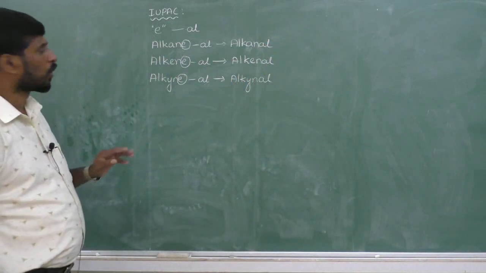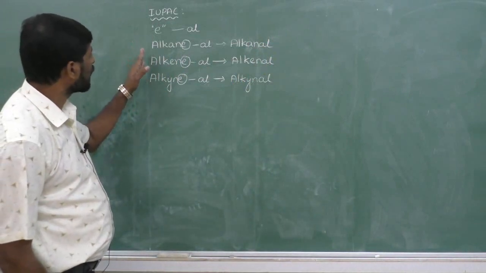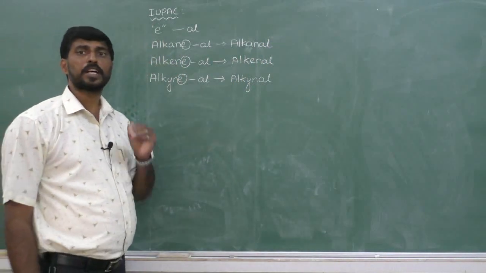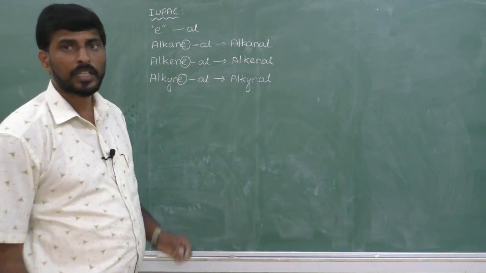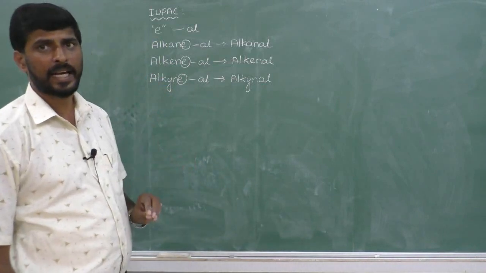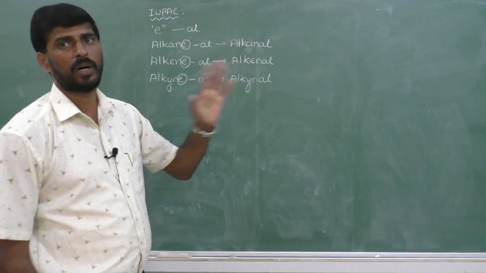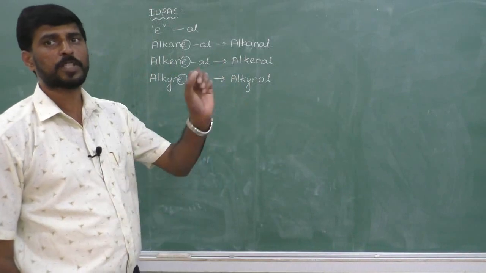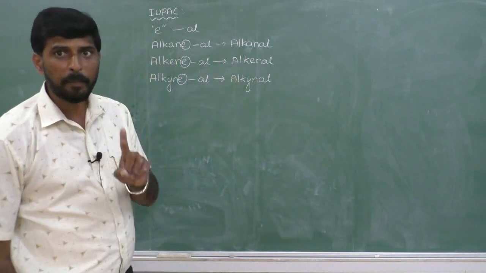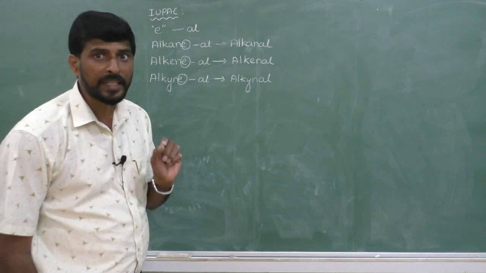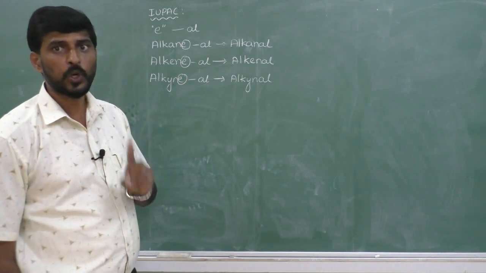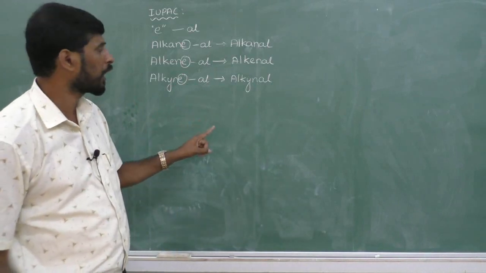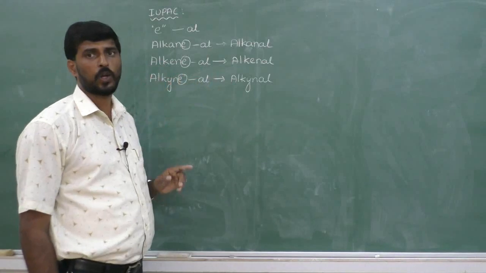So this is about the aliphatic aldehydes. Suppose any substituent groups are present, the substituent groups are indicated by giving a suitable number to indicate their position. Please remember, while numbering the selected parent chain, you should give the lowest possible number to the functional group, that is the aldehydic functional group.